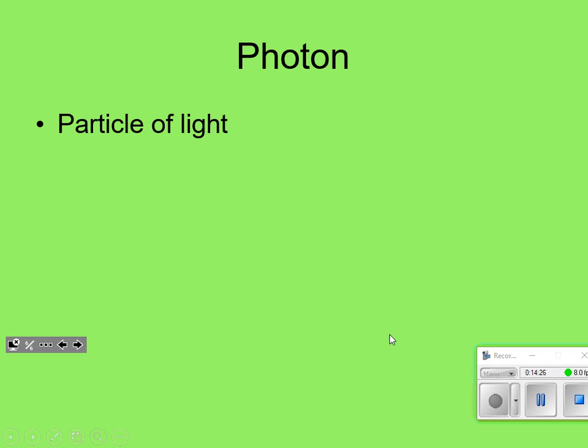If you've ever heard the term photon, it refers to a particle of light. So not only do electrons gain energy, jump up and fall down, and give off energy in the form of waves, but they also give off something referred to as a photon, which as far as we know has basically no mass at all. So it's not like something's losing mass as it's doing this. It's referred to as the dual nature of light. Light will sometimes behave like a particle, sometimes behave like a wave. So we want you to be aware of both. Quite frankly, our focus is much more on the wave aspect of it.